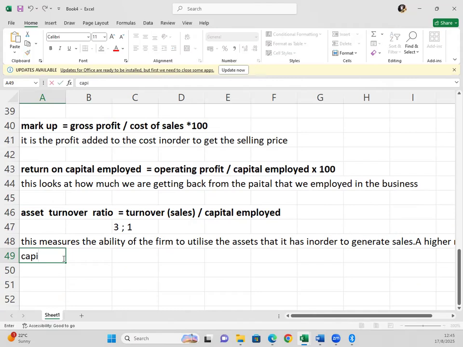Then capital employed may not be given in some questions. How do you get capital employed? You add all the assets. You say total assets, that's the current plus fixed assets.